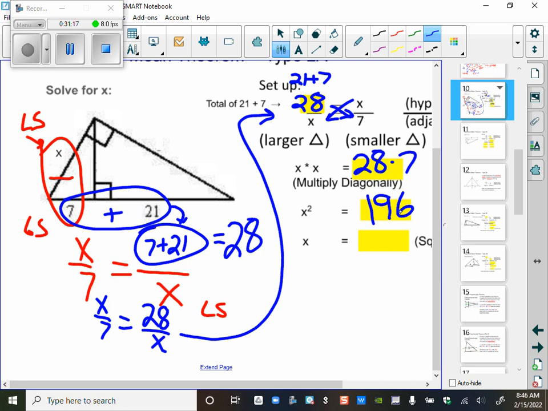Yeah. Square root of 196 is 14. Boom. And yeah, x squared, take that square root of 196. Again, if you're not sure how to do it on one of them calculators, talk to us. If you need a calculator, again, say something.